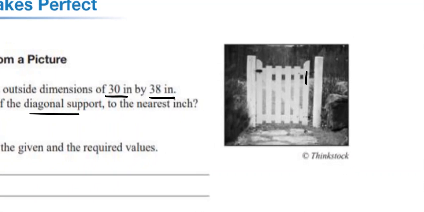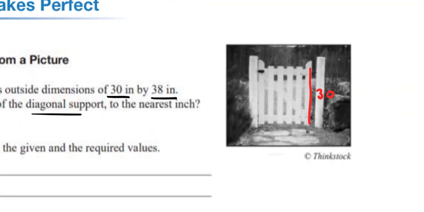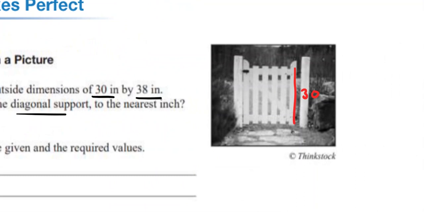So what that means is that, let's say, the height of this thing, up and down, would be 30. We don't really know which one it was. It was 30 by 38, so it's either 30 or 38, but it's actually not going to matter when we finish here.